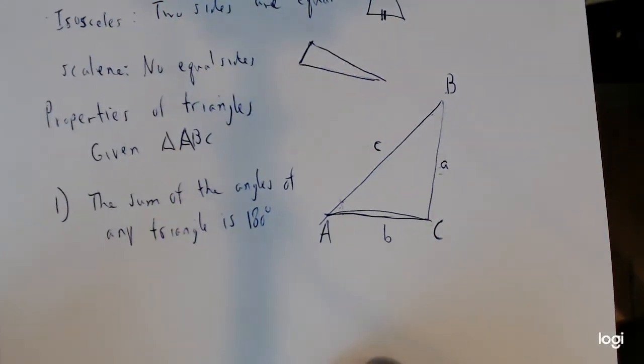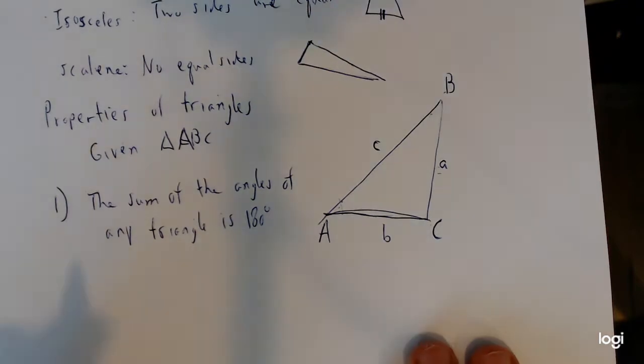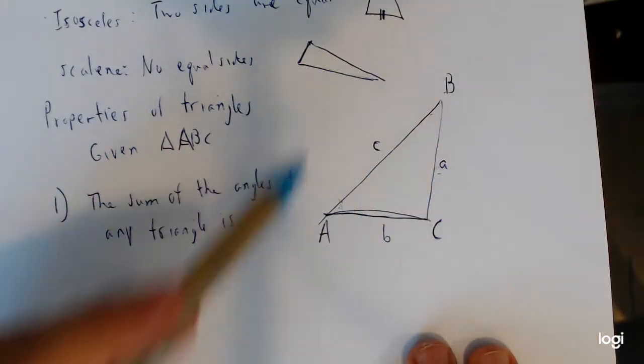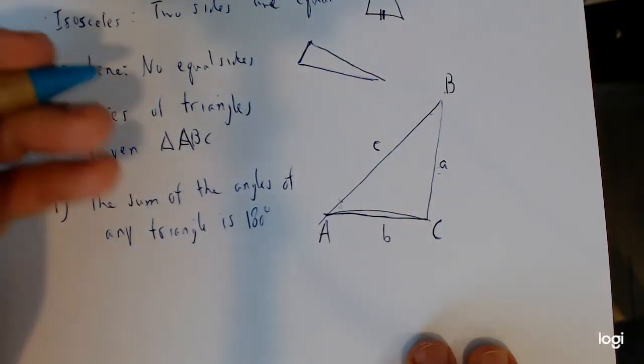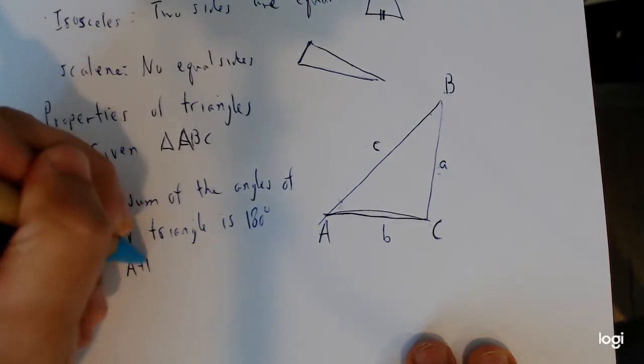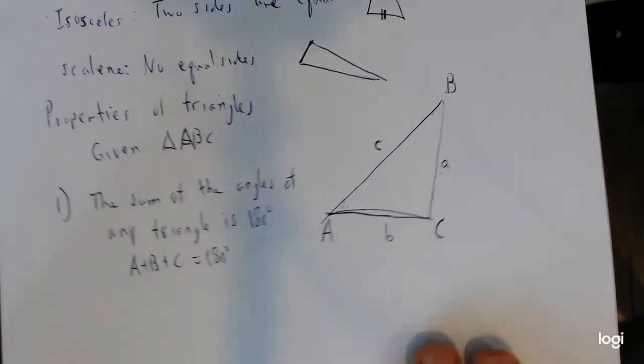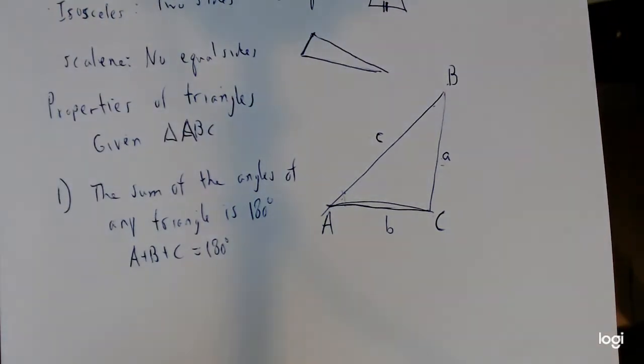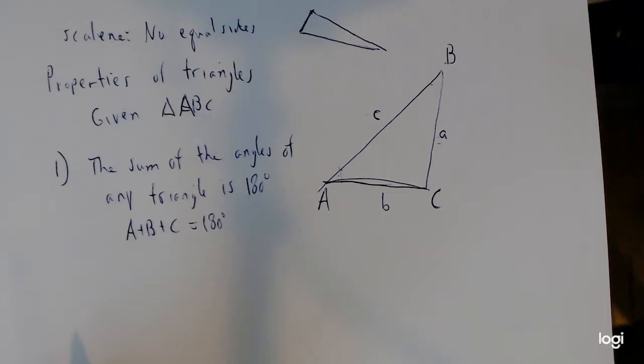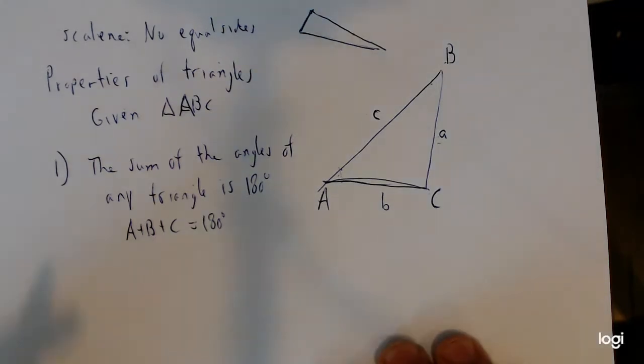In other words, I couldn't care less which triangle we're looking at. Even with this triangle on the right side, if I take angle A plus angle B plus angle C, those measures are always going to add up to 180 degrees. That's a fact. Anytime we have a triangle, the sum of its angles is 180 degrees.